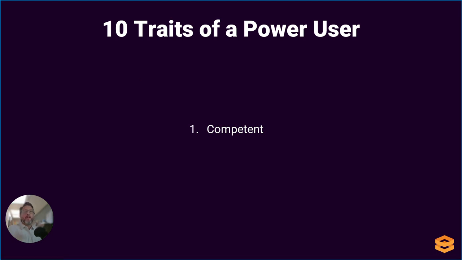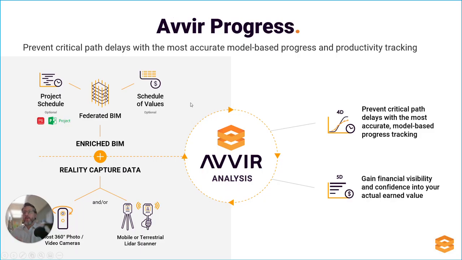So a competent user, a power user is going to be competent. They're going to be competent in the basics, right? They're going to know that, when using Avvir, Avvir takes the project schedule, whether that's P6 or Microsoft Project, really whatever format you're using, we can work with your data. We're taking your federated BIM model, coordinated model that's already been run through Clash.